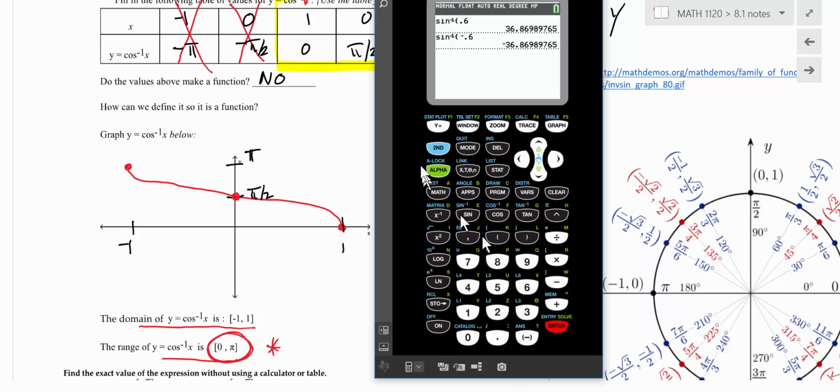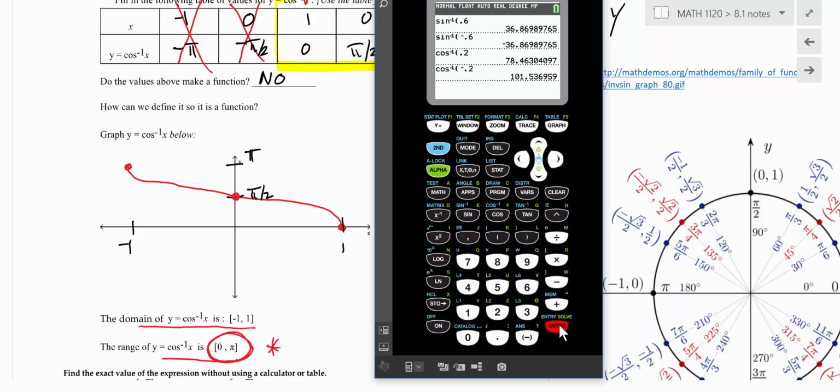Now I'm going to show you what happens on the inverse cosine. If I go inverse cosine of, say, 0.2, a positive number, what I have there is 78 degrees. Now let's look at what happens when I do the inverse cosine of -0.2. It has a totally different pattern. What it gave you is a quadrant 2 angle.